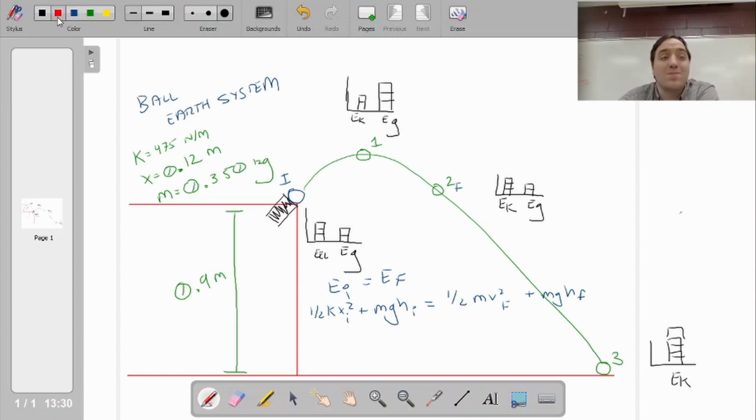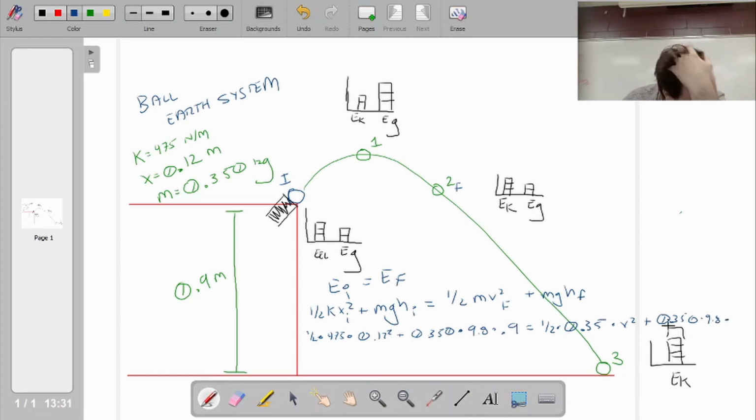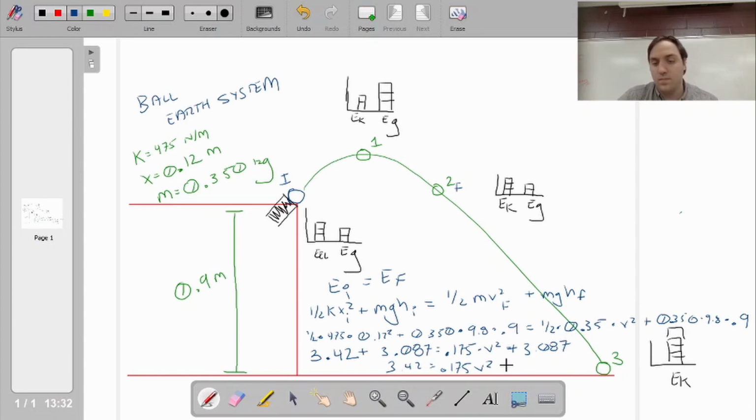So from here, it's just solving. And there you have it, 4.42 meters per second.